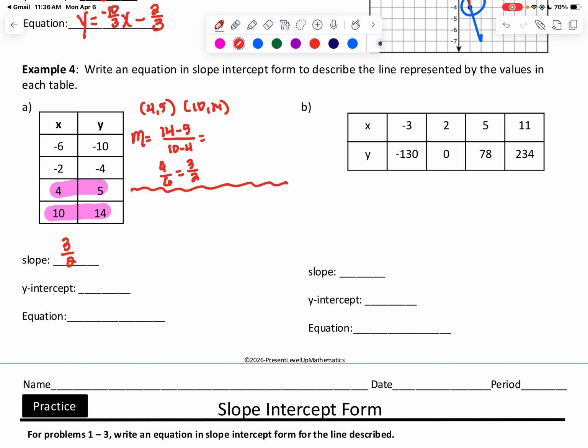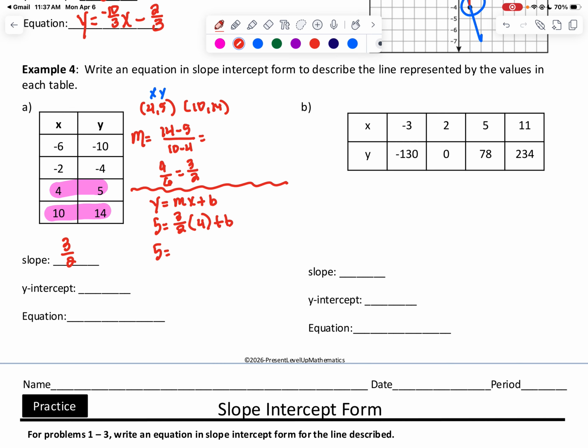Now, to get your y-intercept, you're going to use the formula y equals mx plus b, and you're going to pick one of the 2 points above to use for the formula. It doesn't matter which one you use, so I'll just use the smaller one, the 4 and the 5. So 5 equals 3 over 2 times 4 plus b.